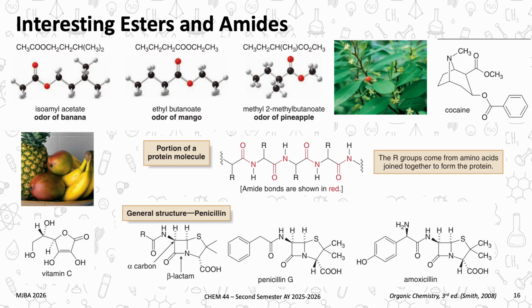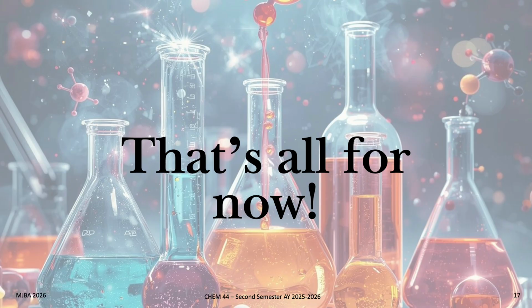We can also see amide bonds in penicillin. So this is an amide bond that is not part of a ring, and it also has a lactam, which is the cyclic amide. So that's all for now. Thank you very much.